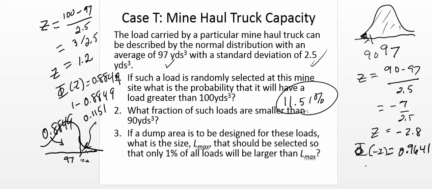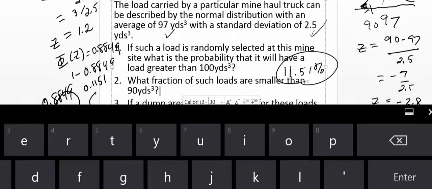We wanted 1 minus that, so we want 1 minus 0.9641, and that's one of the consequences of only having the positive values in the table. We have to always draw these figures to make sure we use the right portion. So our answer is 1 minus 0.9641, and that gives us 0.0359.